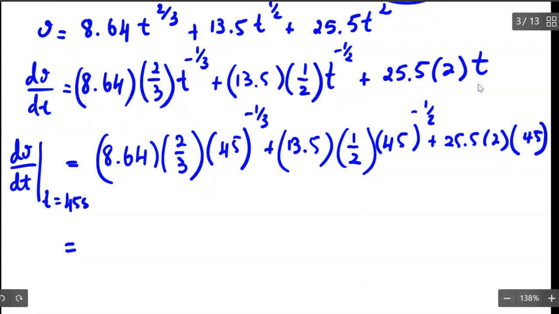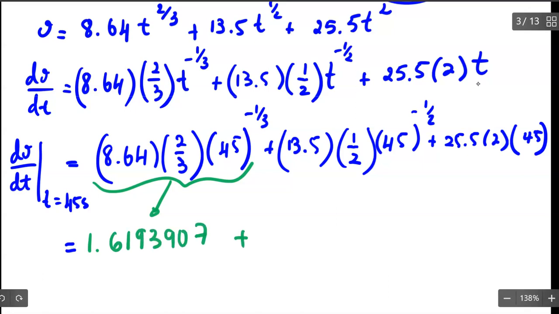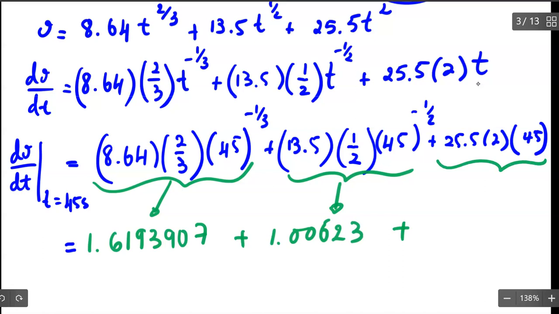Then I am going to show you what I got on my calculator. If you key this into your calculator, you should get this number. Add that with this number, and add that with this number.